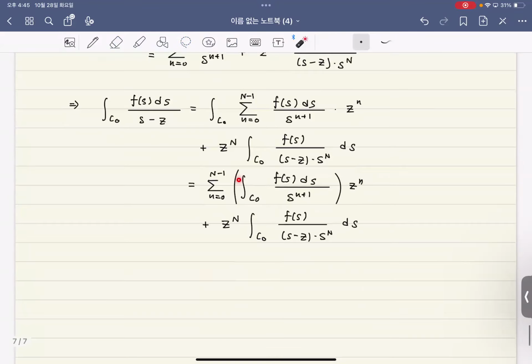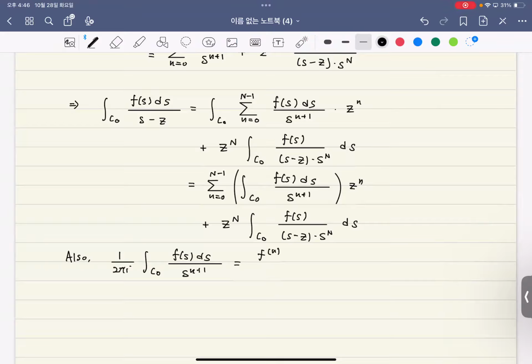Now what? I have seen this before. This is because of the Cauchy's integral formula: 2 pi i times the integral over C0 of f(s) ds over s^(n+1) is f^(n)(0) over n factorial.